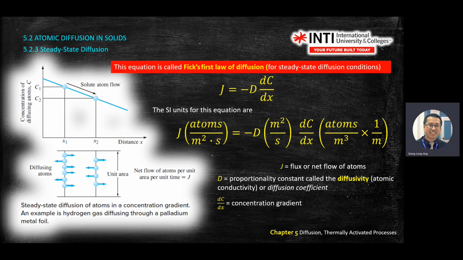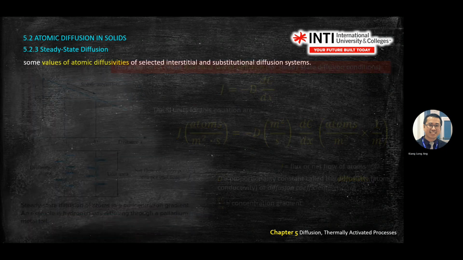C, the concentration, is in atoms per meter cubed: how many atoms you have in that cubic meter. X is distance, in meters. So at least you know what values you should use later.